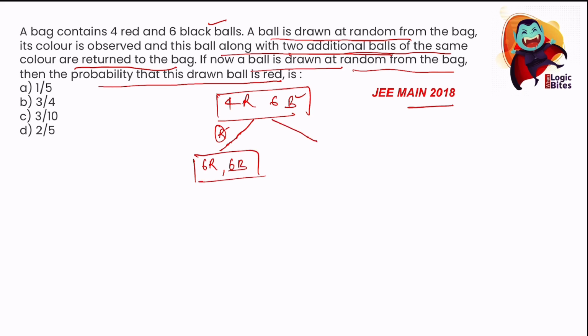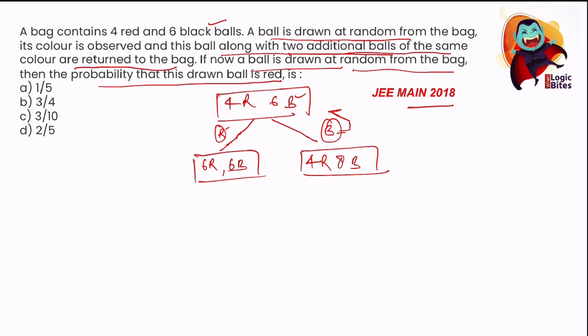And in the second case, if the ball drawn is a black ball, the bag will have 4 red and 8 black balls, because 2 more black balls will be returned in addition to the original ball drawn. So it will be like this.